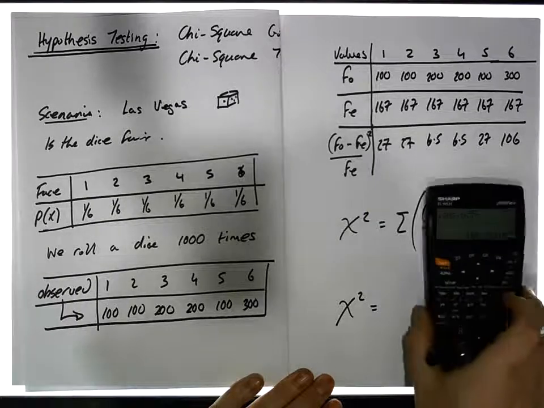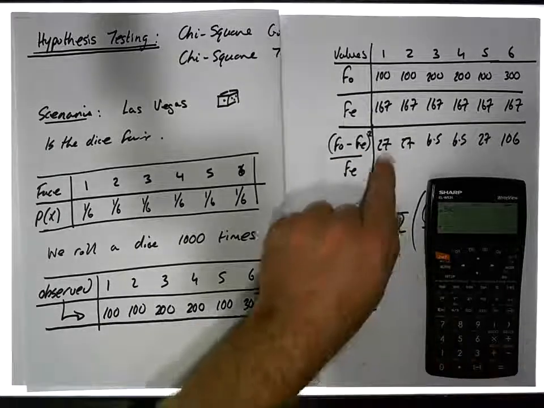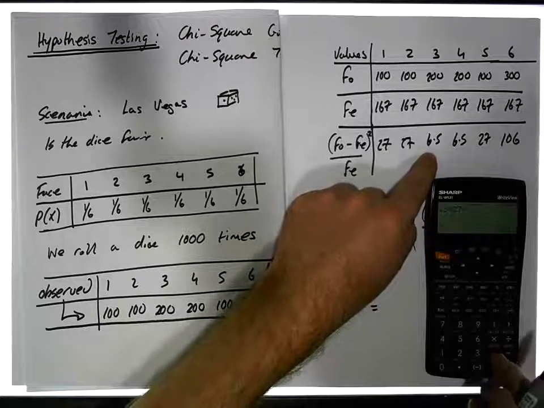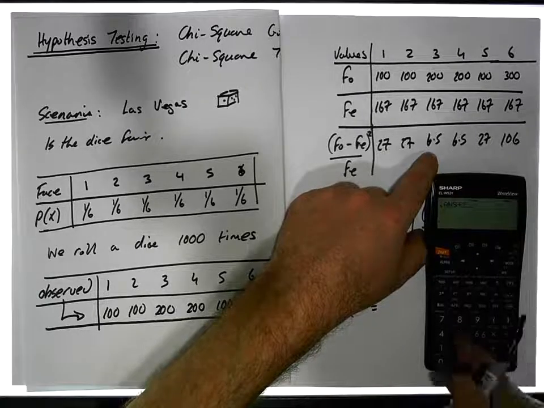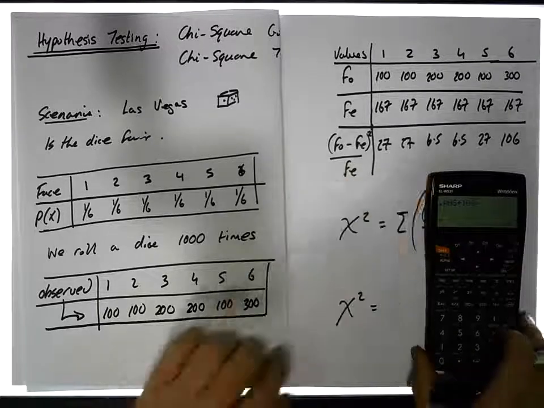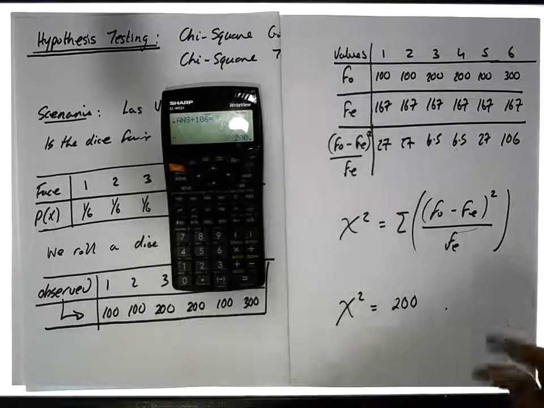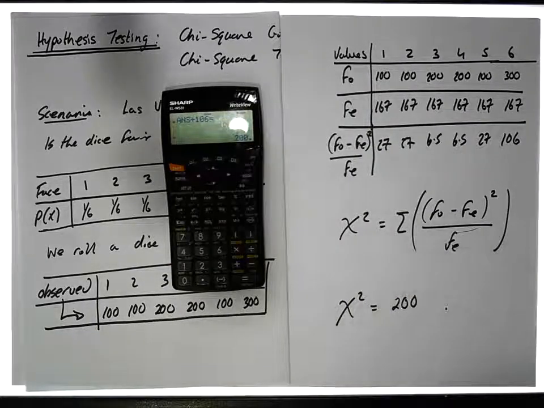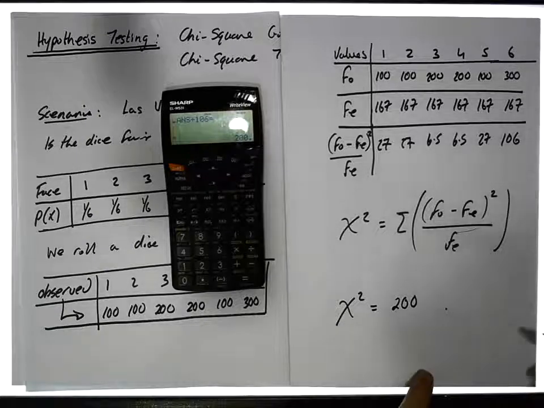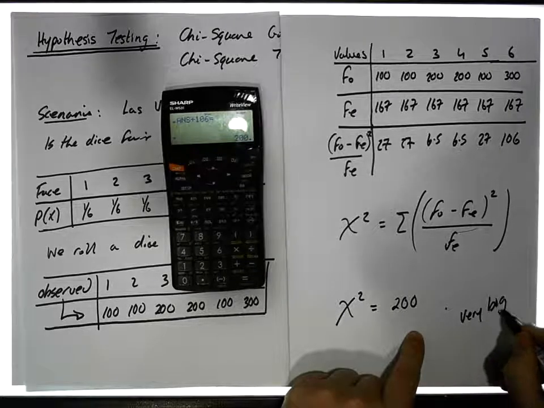So it's 3 times 27, plus 2 times 6.5, plus 106, which gives us a chi-square test statistic of about 200. Even now, just looking at this, this is a colossal test statistic. It's very big.